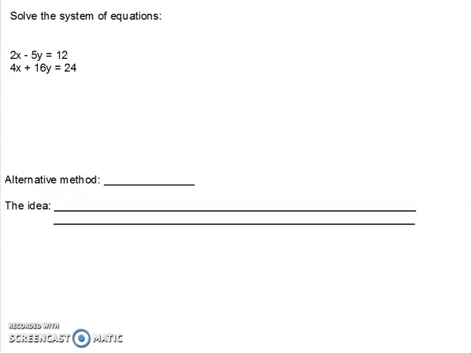Now we could try and use substitution, but in substitution we either need y equals or we need x equals. In the system that we're given, I could get x by itself, I could get y by itself, but it's going to be a little bit of work. So instead, I want to use another method, and that method is elimination.